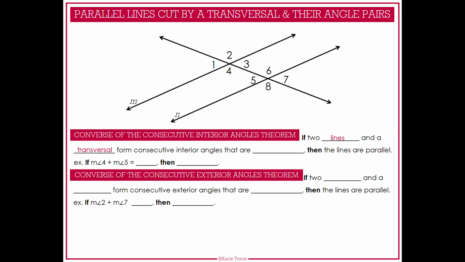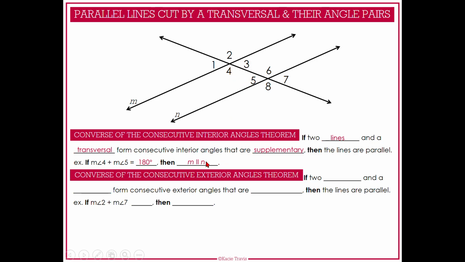Now, if they form consecutive interior angles that are supplementary, then the lines are parallel. So, if our two consecutive interiors, 4 and 5, add up to 180, aka they're supplementary, then that means that M and N are parallel, just like our previous ones. So, if these two work, it's parallel.